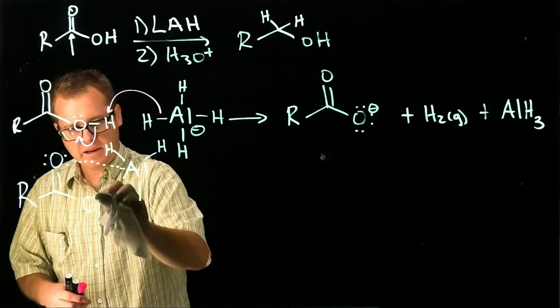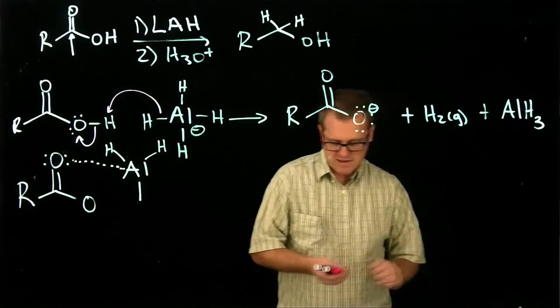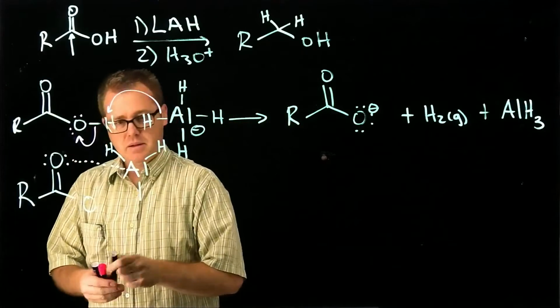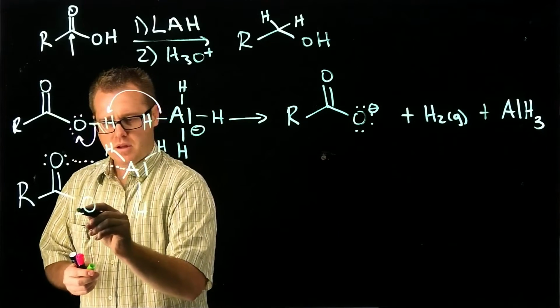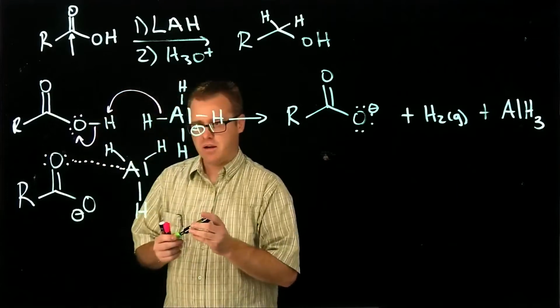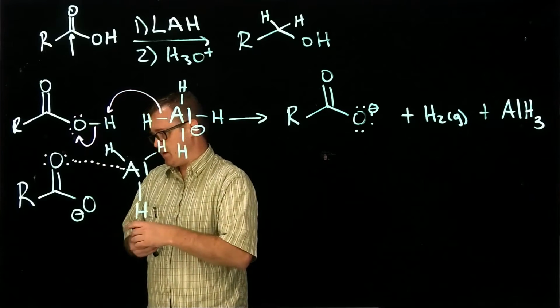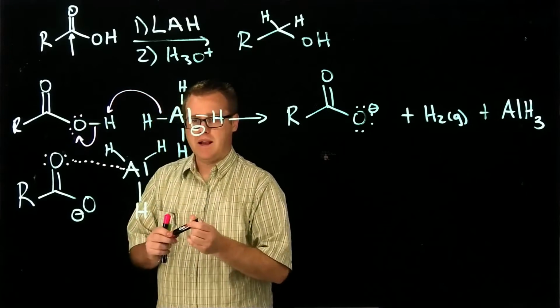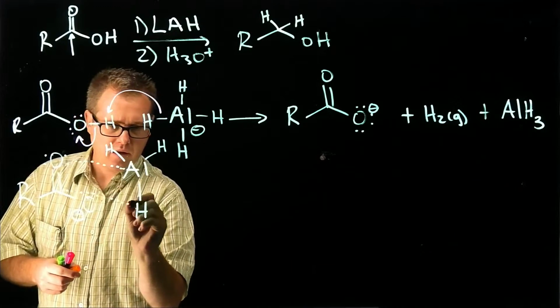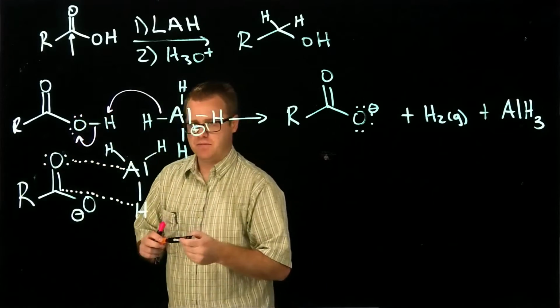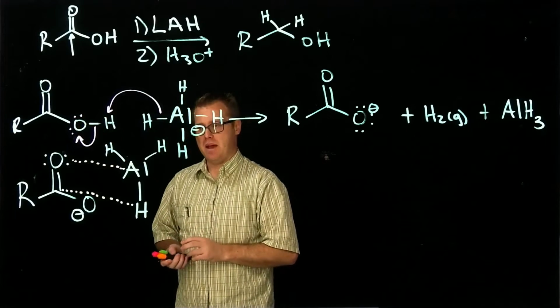Let's move this negative charge over so that we can see this a little bit better. Put the negative charge right there. And it's actually this carbon atom that's coordinating with the hydrogen in that manner.